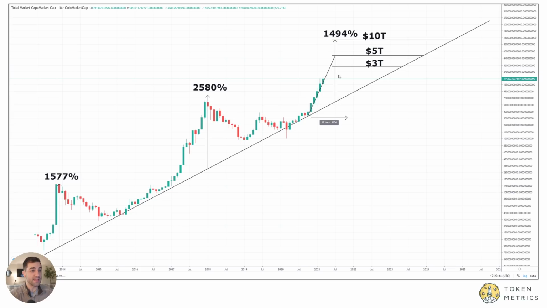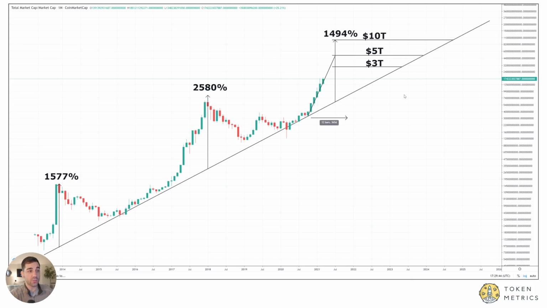And even if we did see this by July, we would have an overvaluation against this trend line of roughly 1,500%, which historically isn't that absurd, right? We've seen overvaluations against this trend line of 1,500, 1,600%, all the way up to 2,600% in our last market cycle. So these are our 3 total cryptocurrency market cap scenarios.